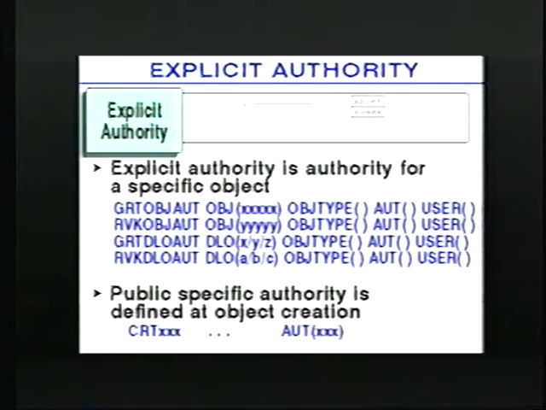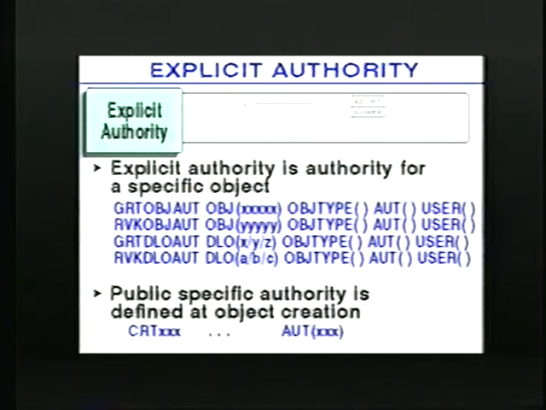There are two commands, grant DLO authority and revoke DLO authority. These deal with some very special object types called document library objects. Document library objects are unique on the AS400 in that they have a 12-character name, whereas most AS400 objects only have a 10-character name.